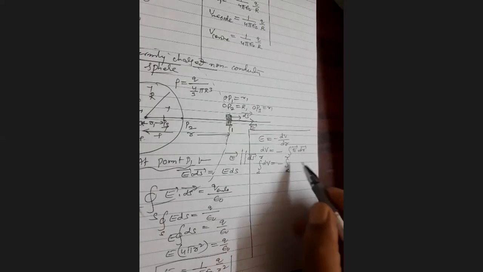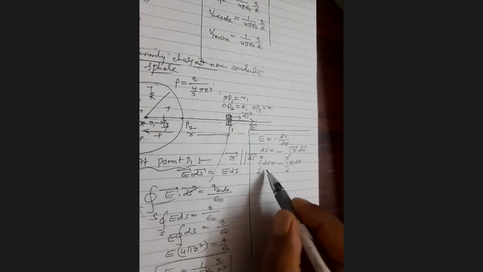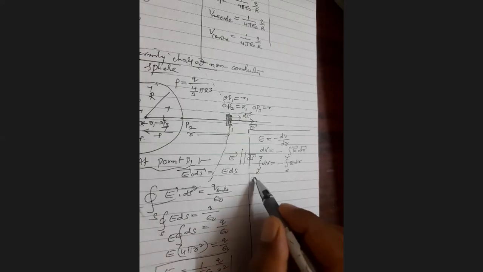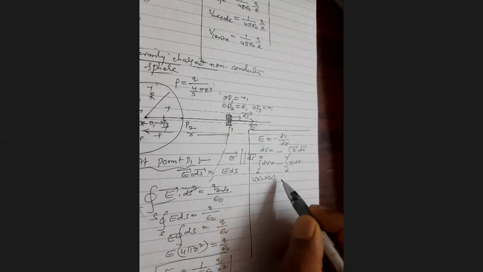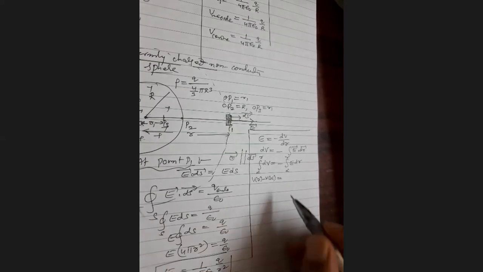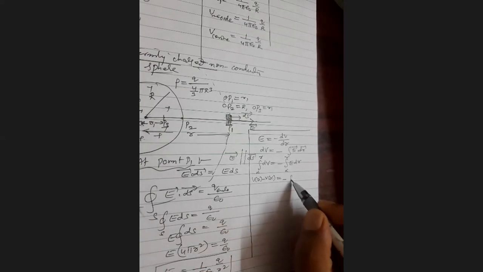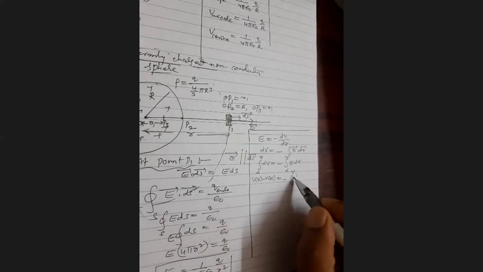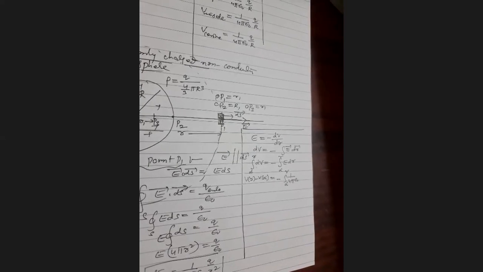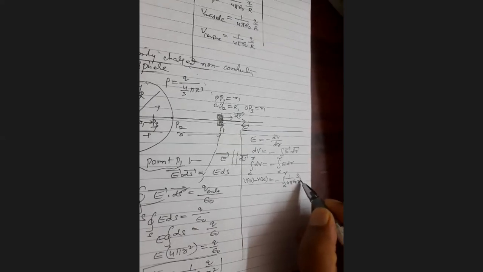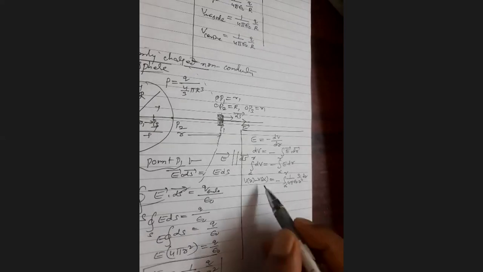But here E bar and dr bar are in the same direction, so this will be E dr. Applying the limits, V of R minus V of infinity is equal to minus integral from infinity to R of E dr. But E is 1 by 4 pi epsilon naught Q by R square, dr. We consider that the potential at the infinity point is 0.